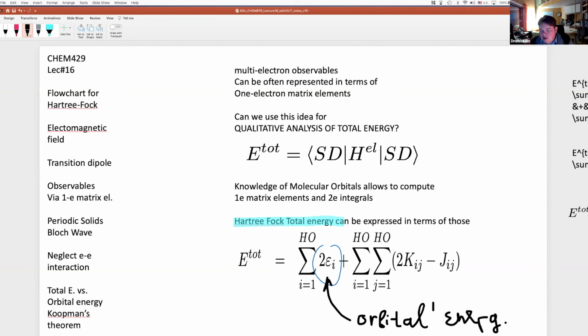And what are this J and K? Sarah, would you like to help us? What are those pairwise contributions with two indices?